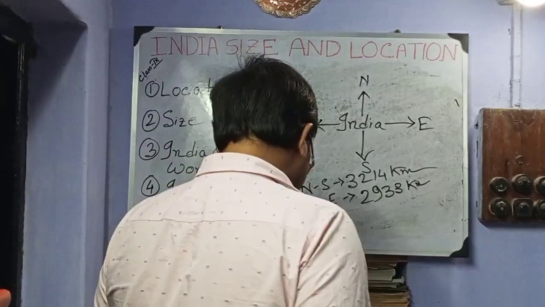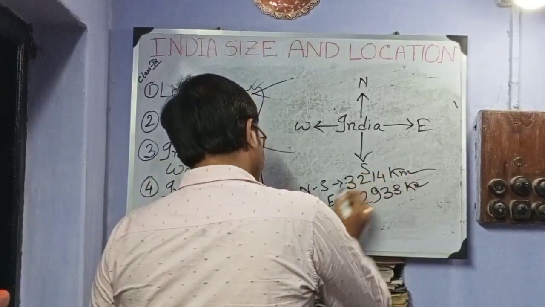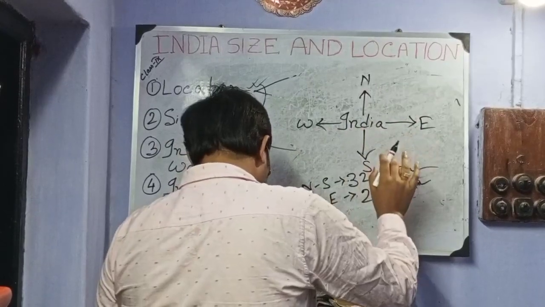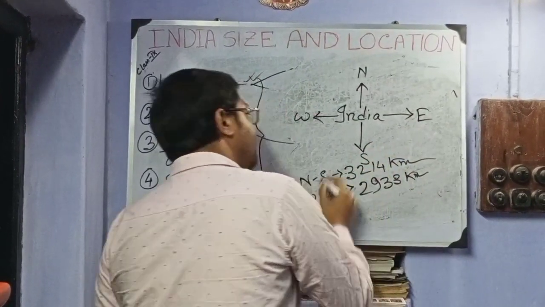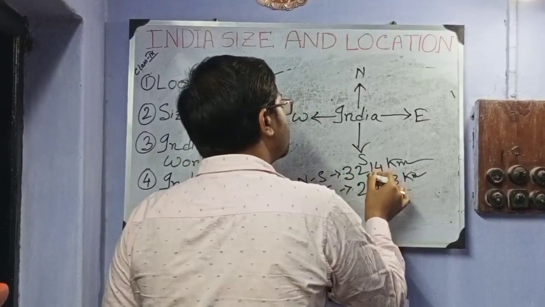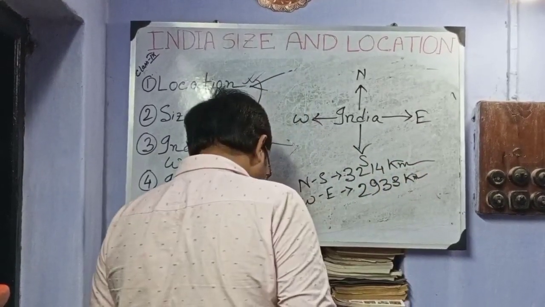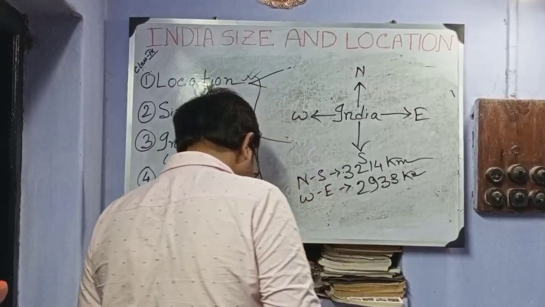Okay, from west to east, east to west, whatever it may be, from east to west 2,933, and from north to south 3,214 kilometers.